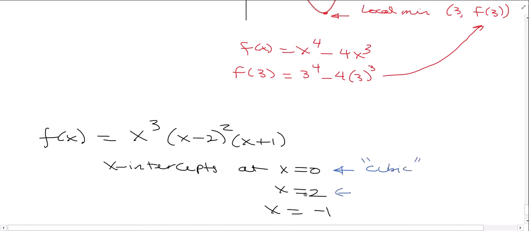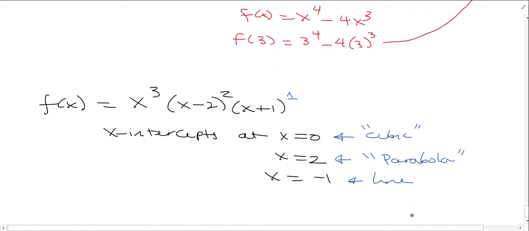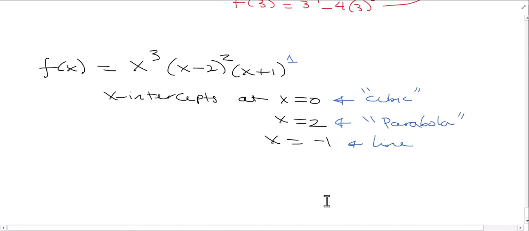When we cross x equals 2, this came from the (x minus 2) squared term, so that means we're going to look like a parabola when we cross it. And x equals -1 came from the term x plus 1, which is to the first power, so we're going to look like a line when we cross it. And so just with that information, I already know a lot about the graph.